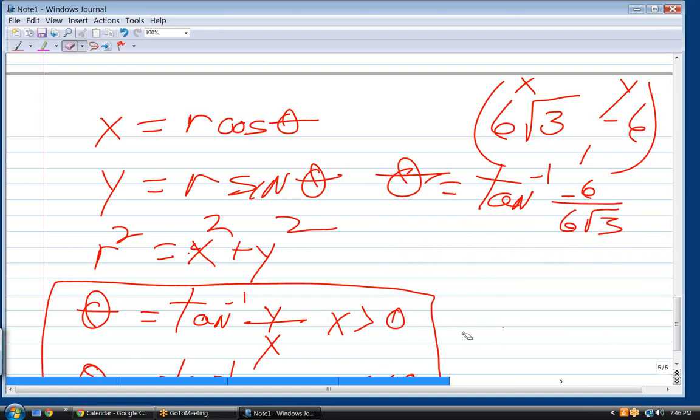Plus pi or not? Not. Okay. So the 6's cancel, and we end up with negative 1 over root 3, which is the same thing as negative root 3 over 3. Which angle is that?